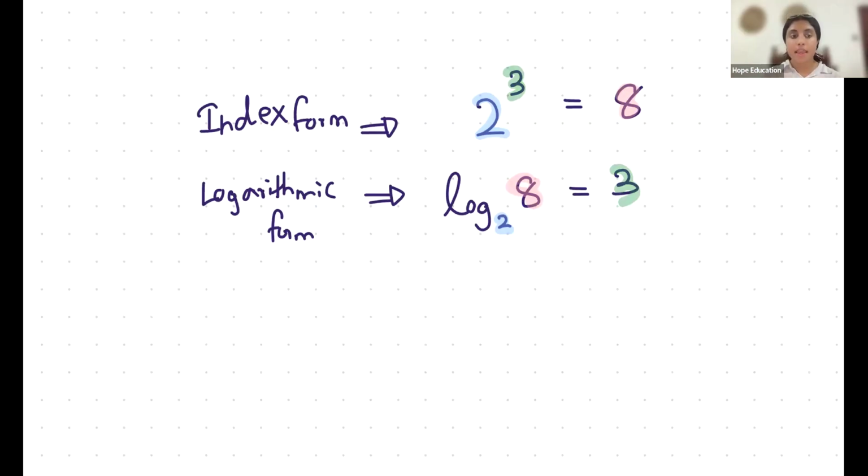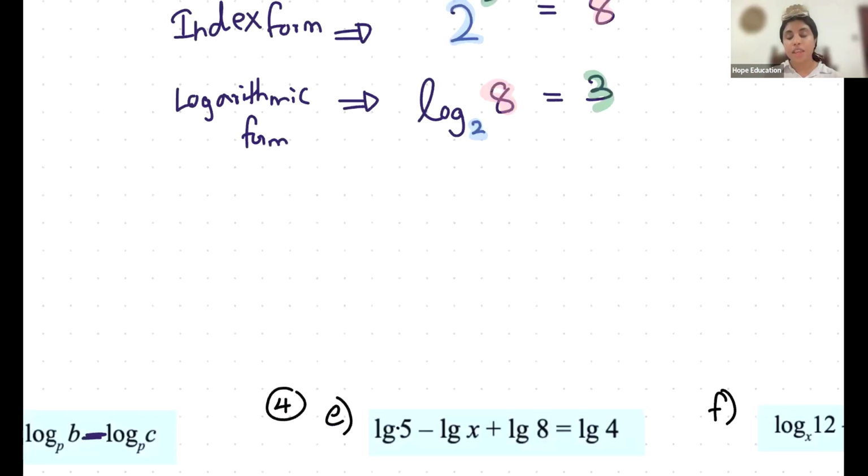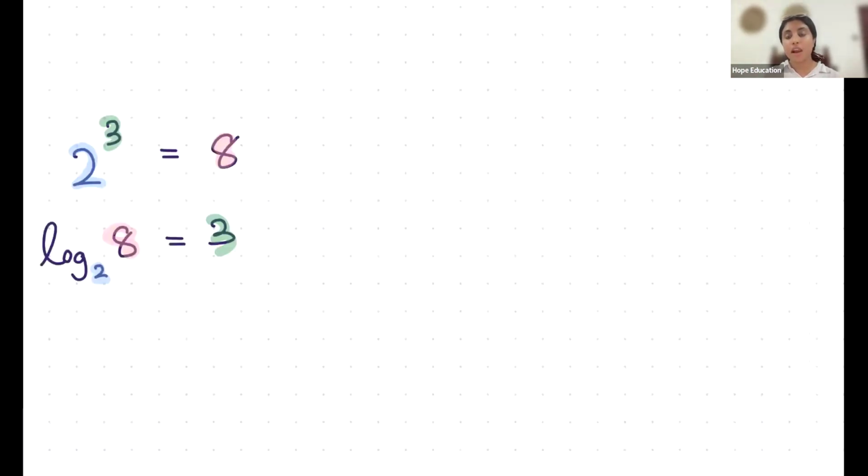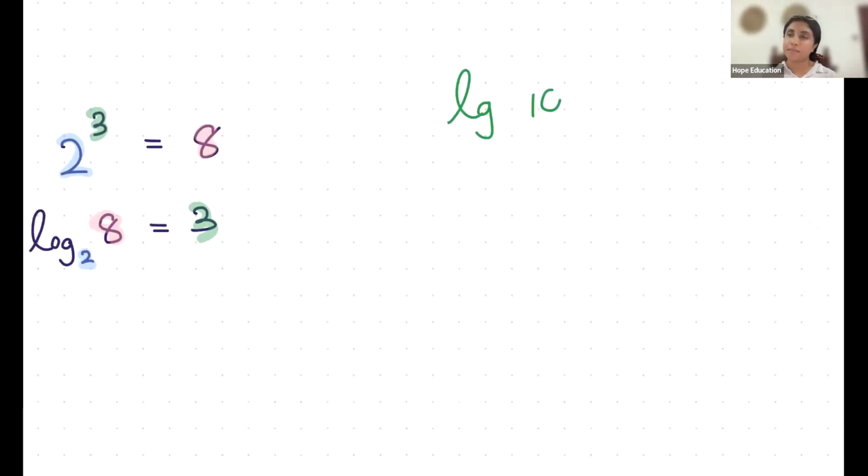So when I say LG 100, let me write it somewhere else here. When I say LG 100, what is the base here? LG කියලා කියන්නේ මොකක්ද? Log. What is the base when I say LG?